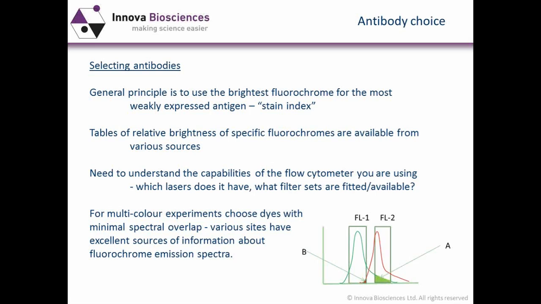This is where the compensation requirements come from. These two markers don't overlap a great deal, but if you're undertaking multicolor analysis with some of the dyes that overlap much more closely, you want to consider carefully how you design your experiment.